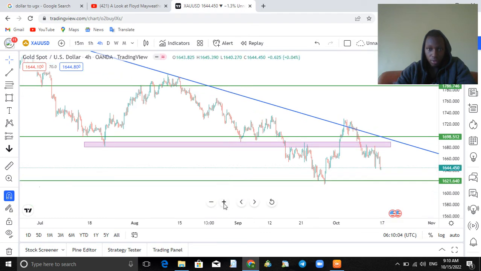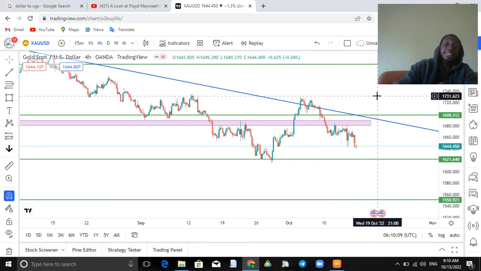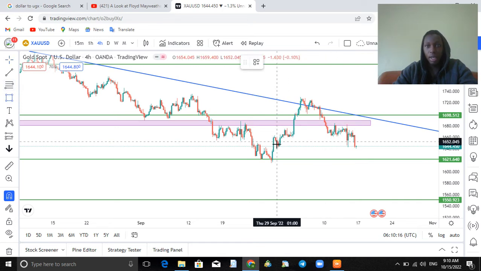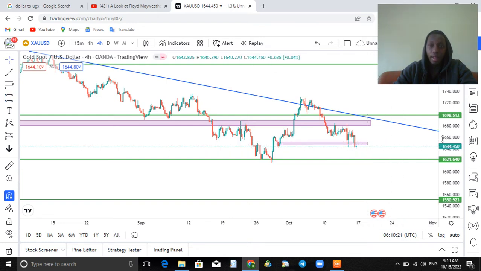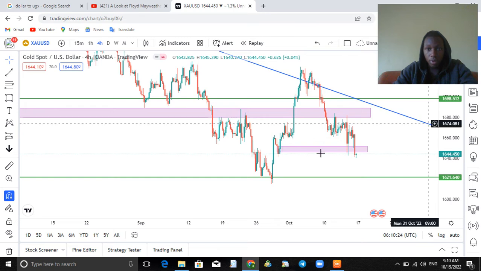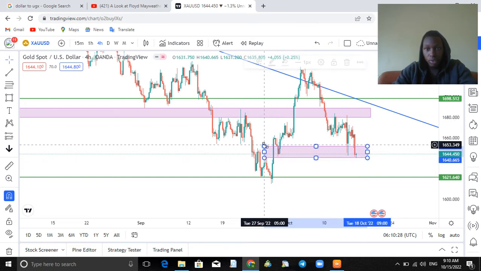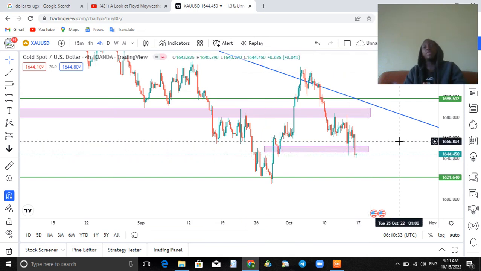Now for all of you who are trading gold, you have to be looking for selling opportunities in gold, because in the higher time frame we have a candlestick pattern which is indicating us to sell gold.